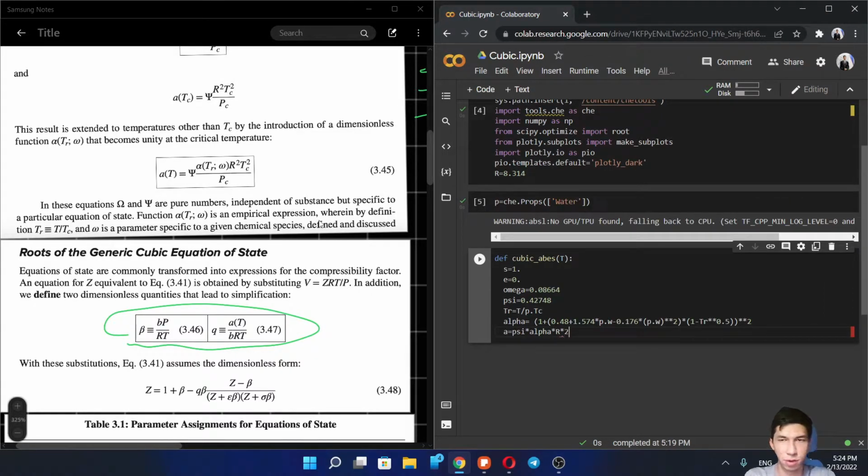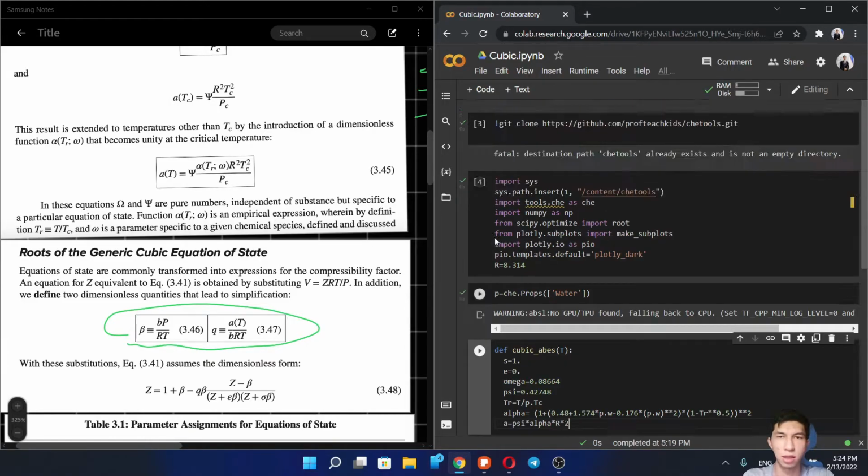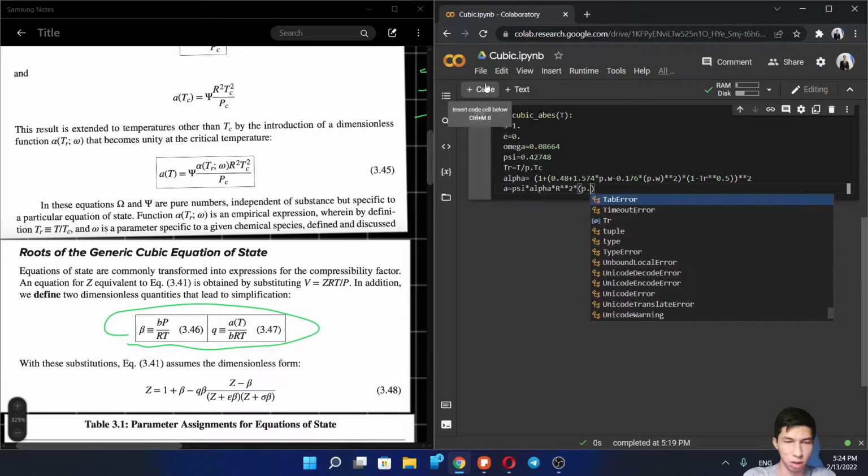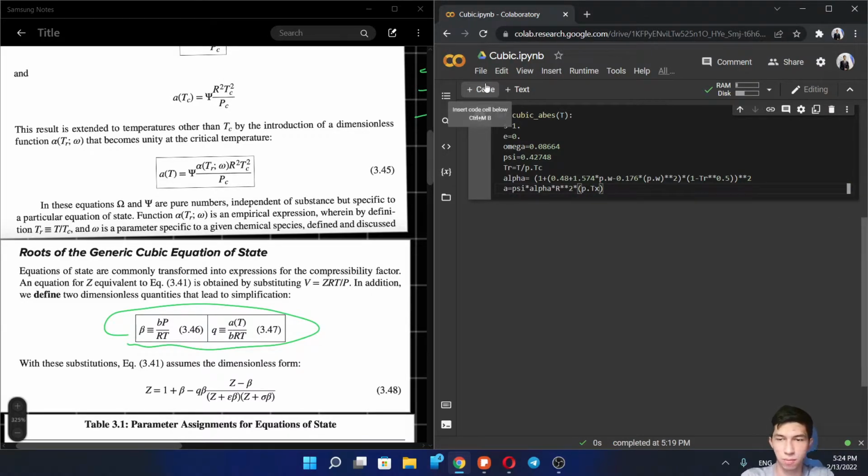We already defined our R at the beginning here as it's a constant, multiplied by temperature critical squared, and divided by pressure critical.